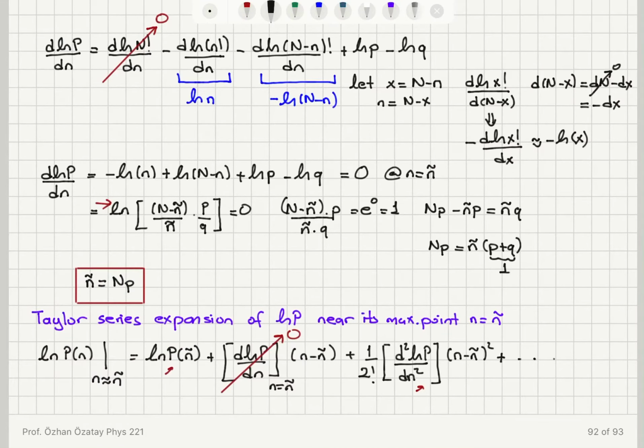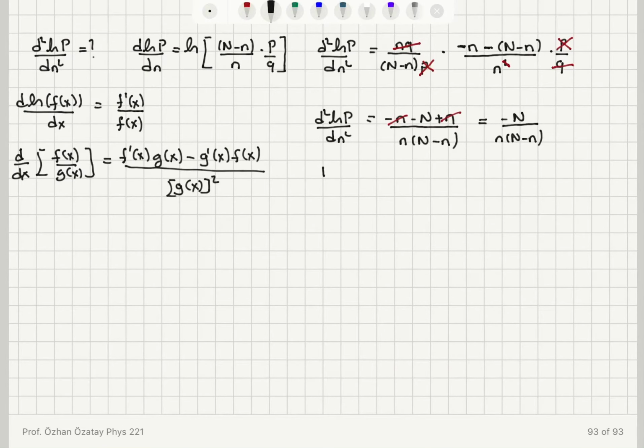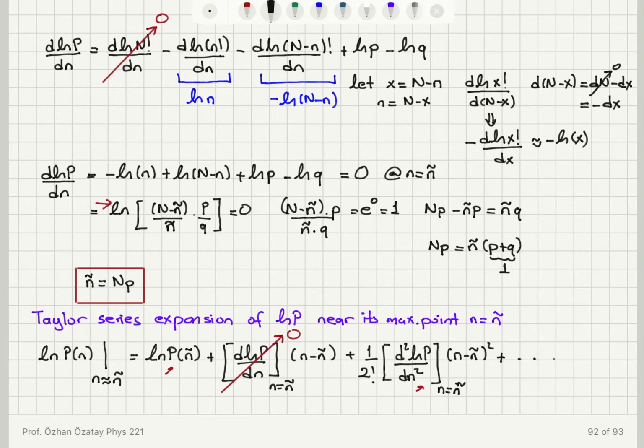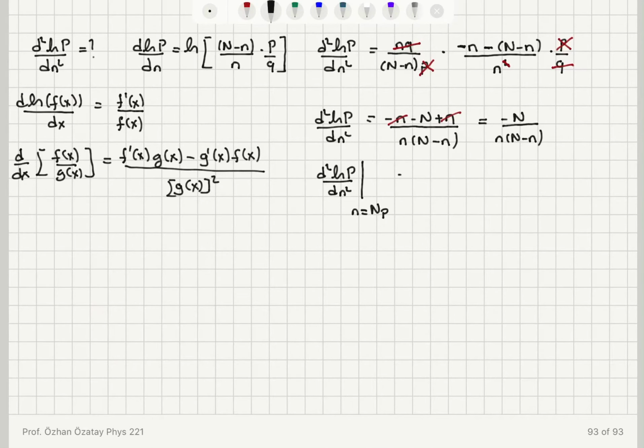Now in the Taylor series expansion, I need this to be evaluated at n tilde. So what I need is d squared ln p dn squared evaluated at n equals capital NP. Remember, n tilde we found here to be capital NP. So this is minus n divided by NP times N minus NP.